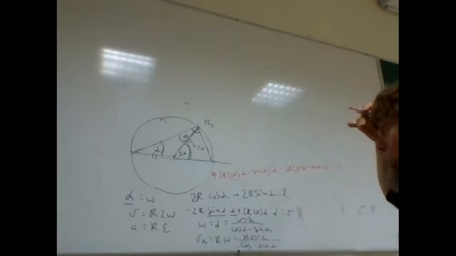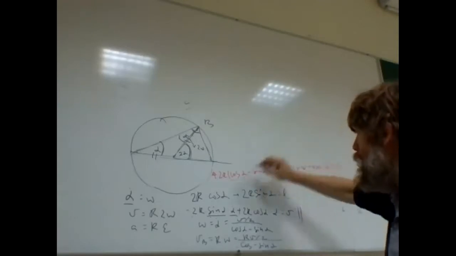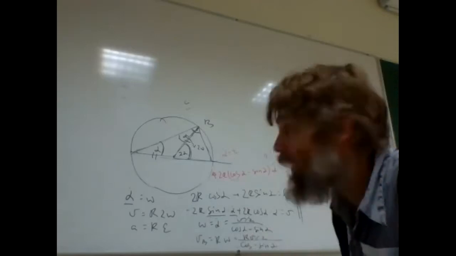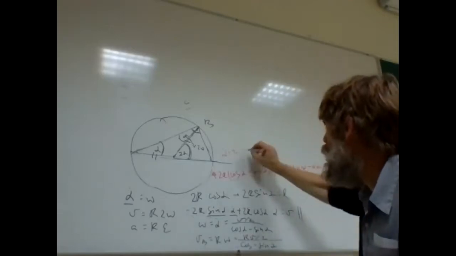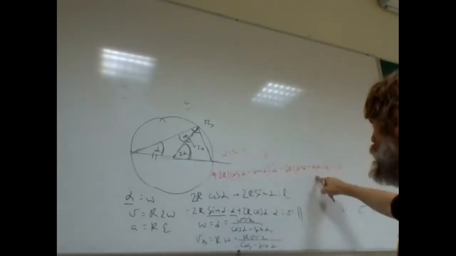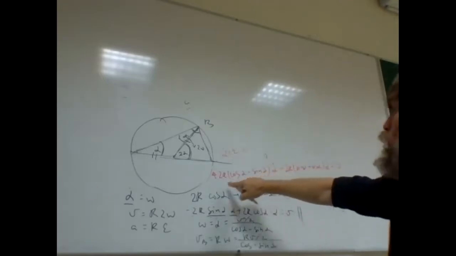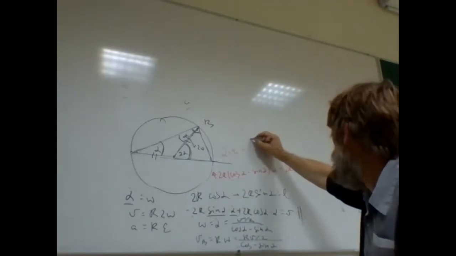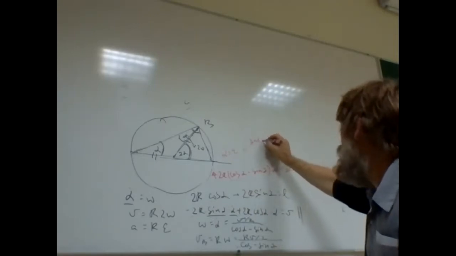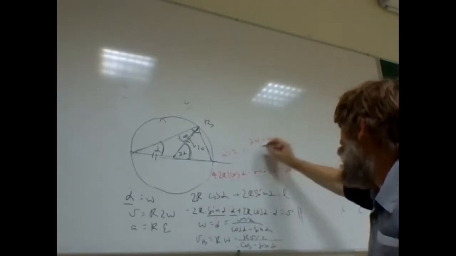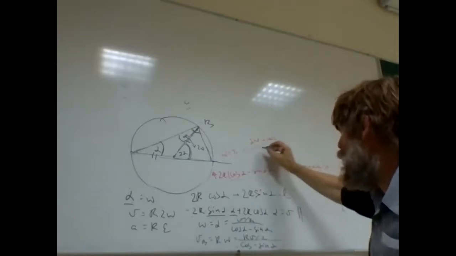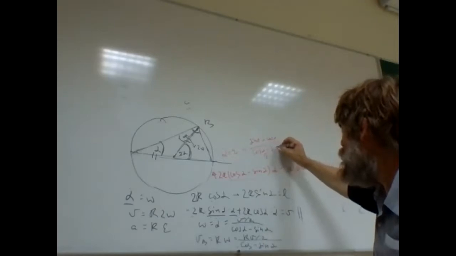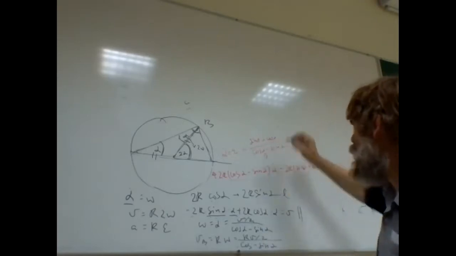And so from here, I can express alpha double dot, which is the angular acceleration epsilon, and this is going to be this divided by that. The 2's cancel away, the r's cancel away, and there remains sine alpha plus cosine alpha divided by cosine alpha minus sine alpha, multiplied by alpha dot.